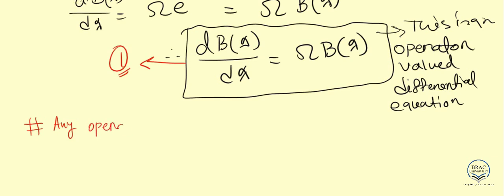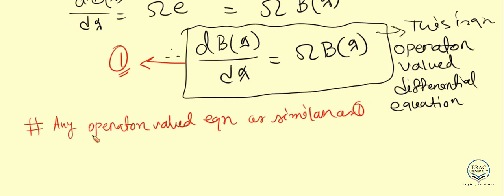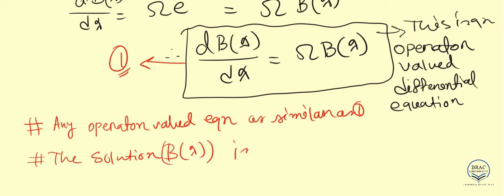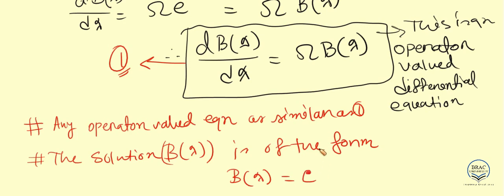Any operator valued equation similar to 1, if you are dealing with it, the solution, that is B of lambda, is of the form B of lambda equals some constant over here, because this is a differential equation, right?